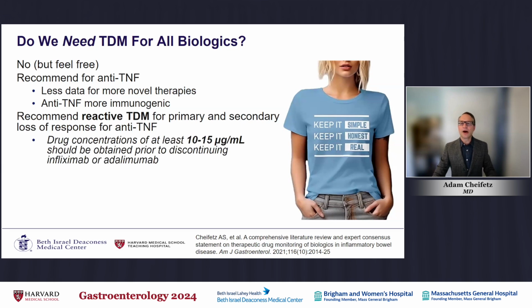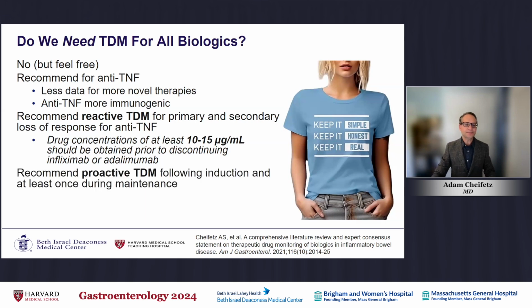Please don't give up on adalimumab or infliximab until you have drug concentrations of at least 10 to 15 micrograms per milliliter. Why is that important? It's important because if you give up on either one of those agents, you're saying that really it is a failure of the drug class and you're giving up on the entire class.